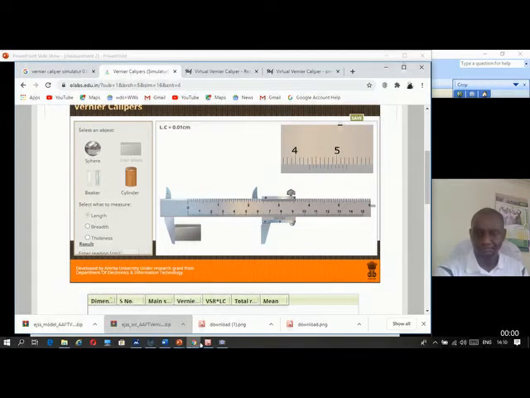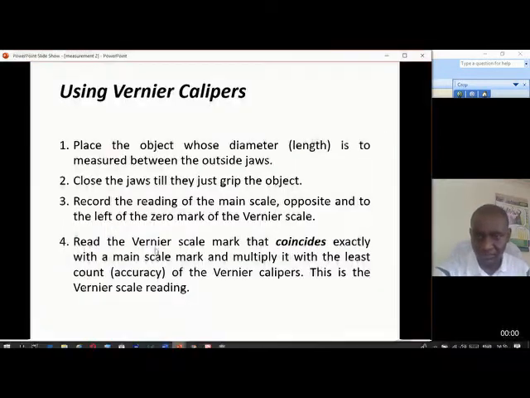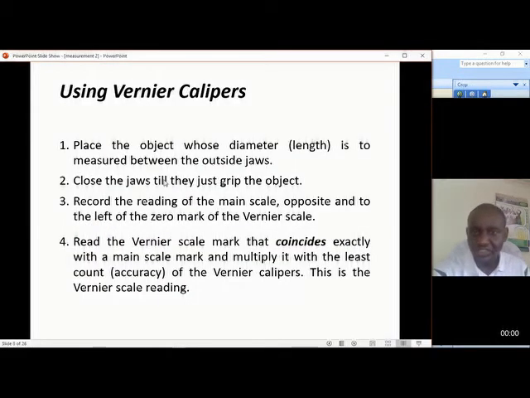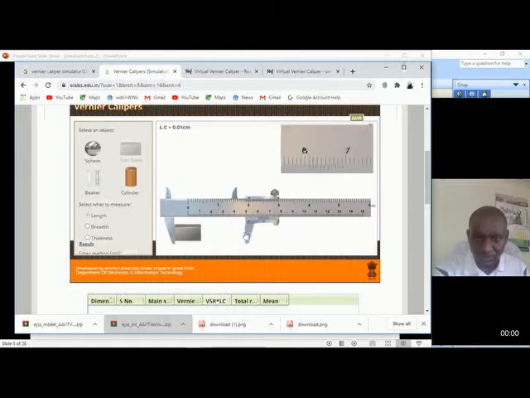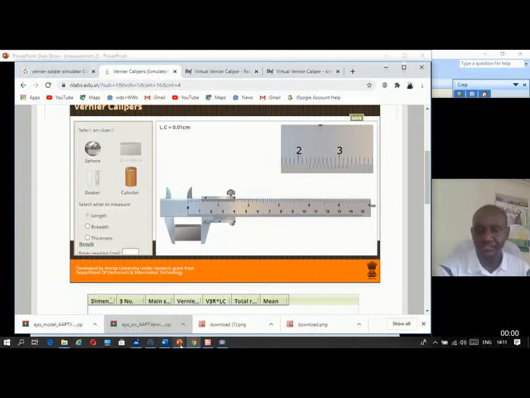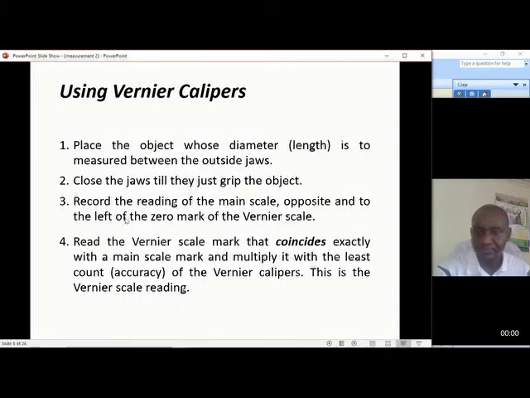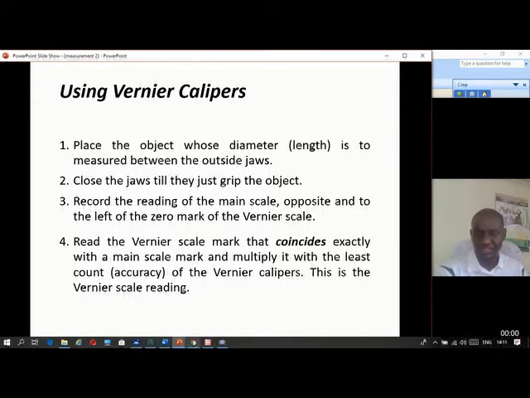Next procedure is to close the jaws till they just grip the object. Close till they grip the object. Very good. Then, the next thing is record the reading of the main scale opposite and to the left of the zero mark of the vernier scale.